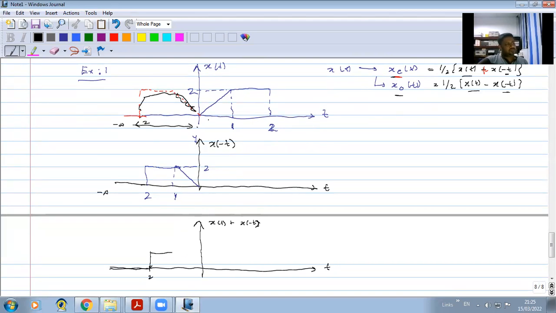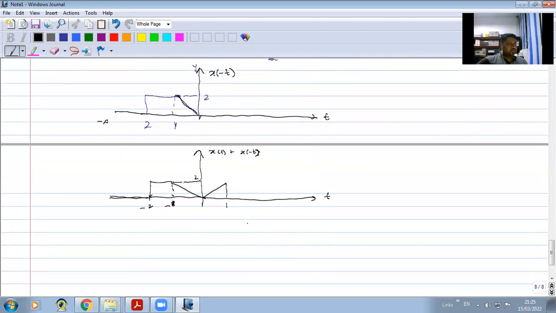What happened from 1 to 2? Again you have 0 plus these values, so you will get the same value up to here. So this will be 2. And from 0 to 1 you will get this part like this, minus 1, minus 2, up to 2 also.